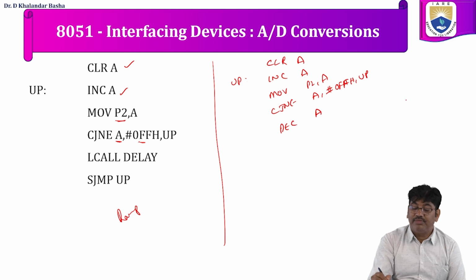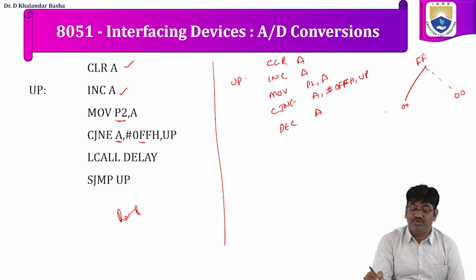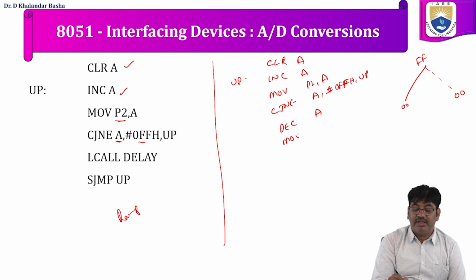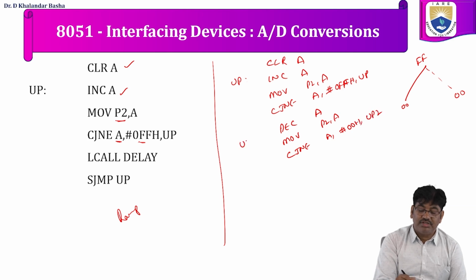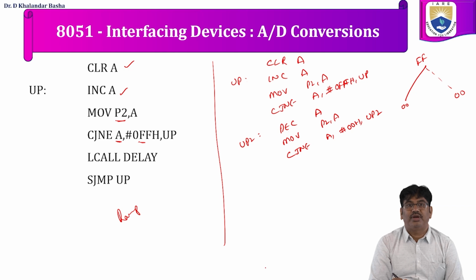Why are we going for decrementing? Because from 00 to FF, once it is raised, for generating a sawtooth waveform, again we have to come from FF to 00. For that, decrement A. So whatever the value which we are getting, that we will send again to port 2 for conversion. Again we will compare with 00. So CJNE accumulator with #00H and go to up, where up is the next level which you can provide.